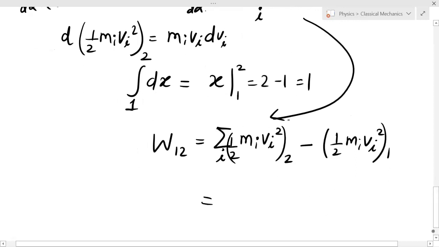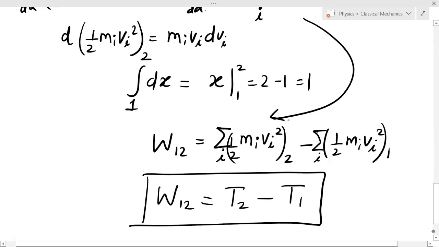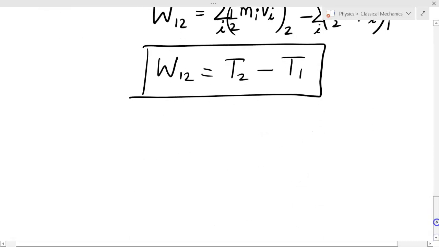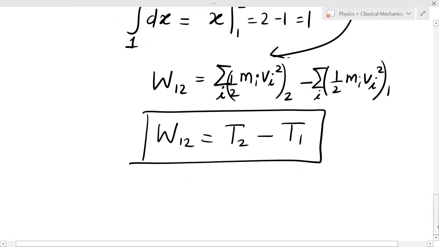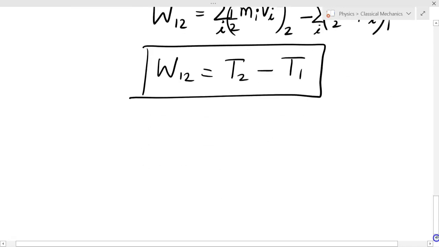So this is nothing but, with a summation over i here also, T2 minus T1. So the work done W12 is nothing but T2 minus T1. That is the kinetic energy of the final configuration minus the initial configuration, which is the same as the result we got for a single particle.